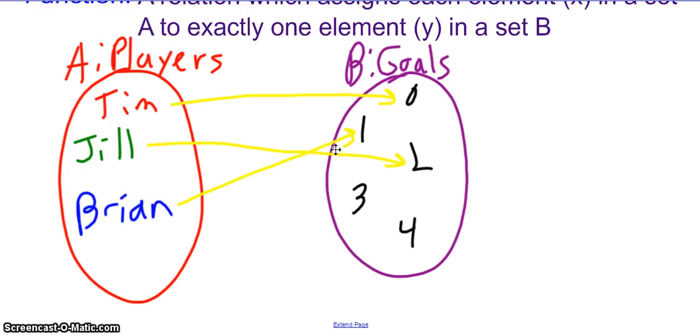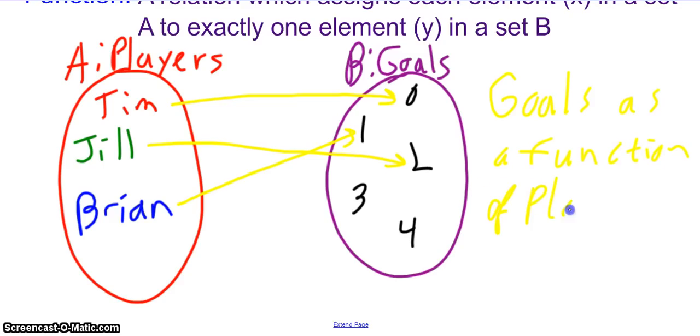So now this is a function because each element here in set A goes to exactly one element in set B. So we could say that this is goals as a function of player. So that's a function.